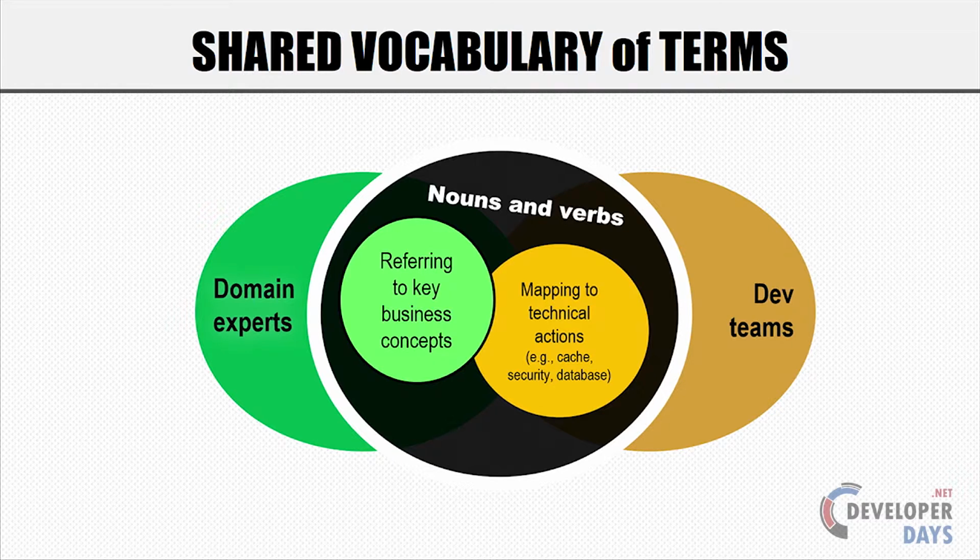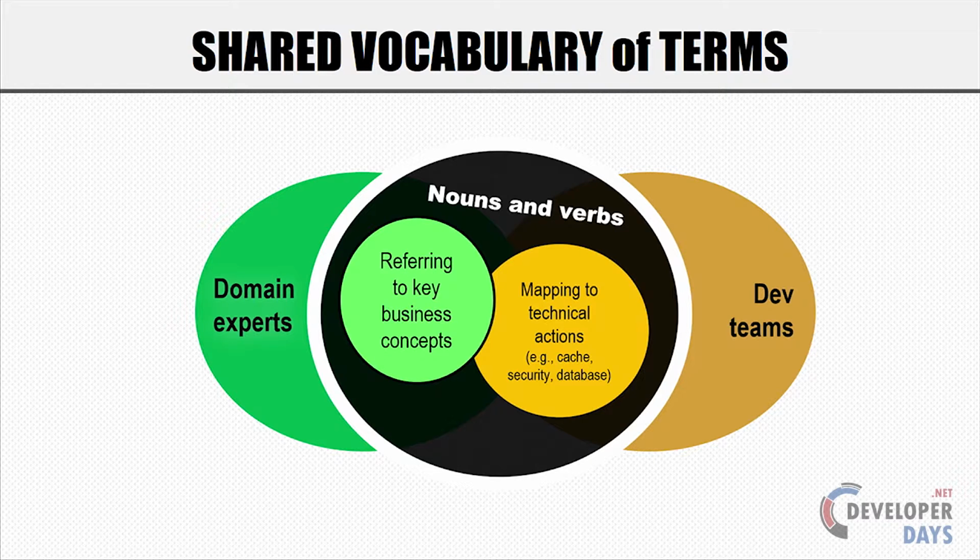A grammar is essentially a set of rules that describe how keywords relate together. The ubiquitous language is sort of that.